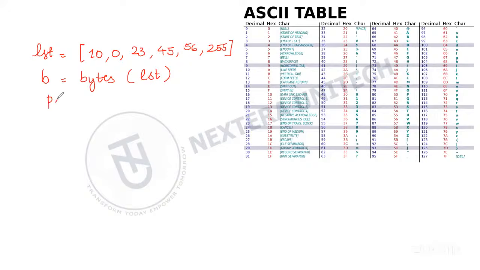Now I'll print B, which is the bytes value of the list. So the output I got is b followed by the values. This is the same output I got from the Spyder environment, so don't get confused.